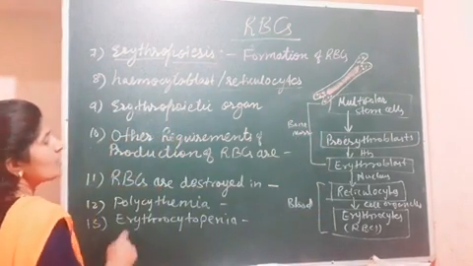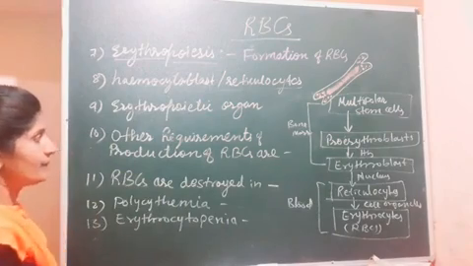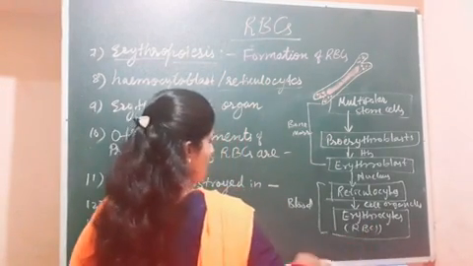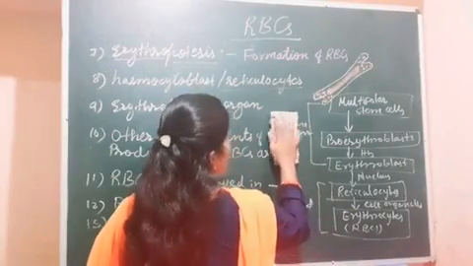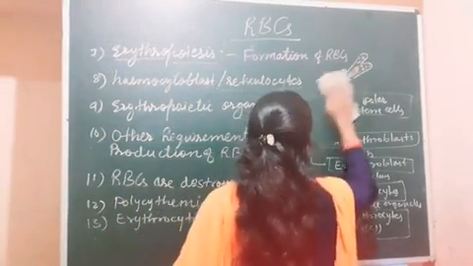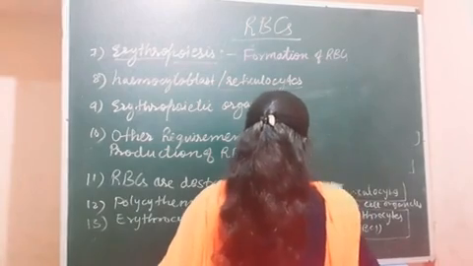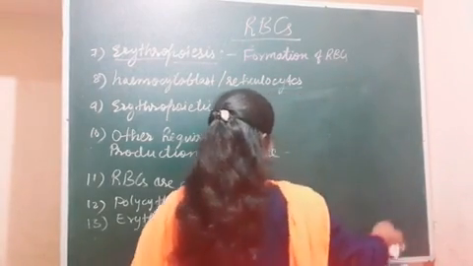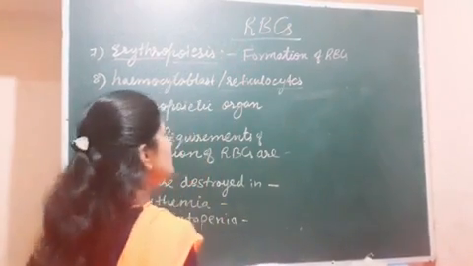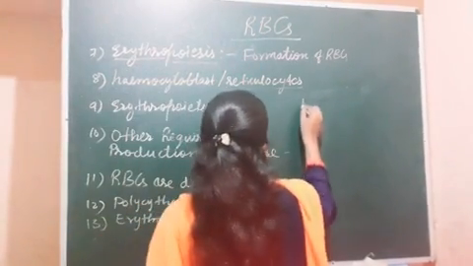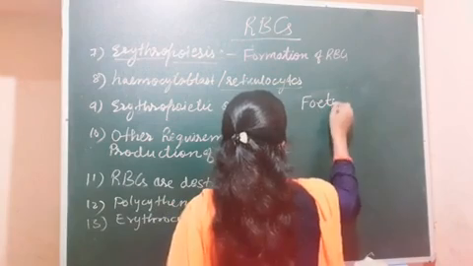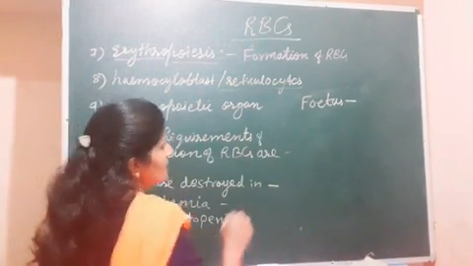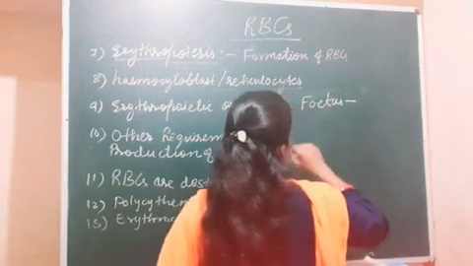Next, erythropoietic organ, where the RBCs are formed. What are the erythropoietic organs? Just now we have seen that it is the bone marrow. In the fetus, blood is formed.